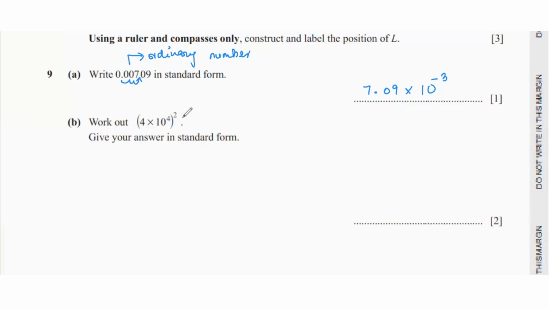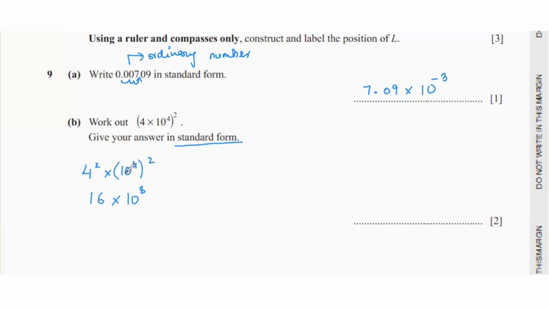Then work out (4 times 10 to the power of 4) whole squared. So what you will do is you will distribute the square, 4 squared times (10 to the power of 4) whole squared. 4 squared is 16. Whenever we have a power outside the bracket and inside the bracket, we multiply the powers, which is one of the rules of indices. So it's going to be 10 to the power of 8. Now, once again, this is not in standard form.